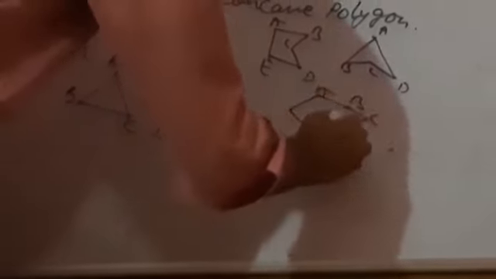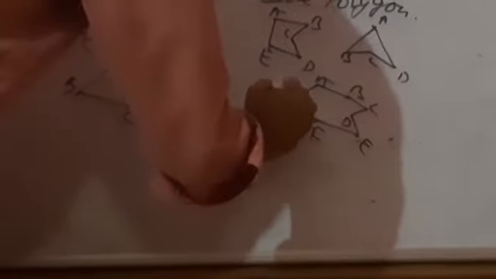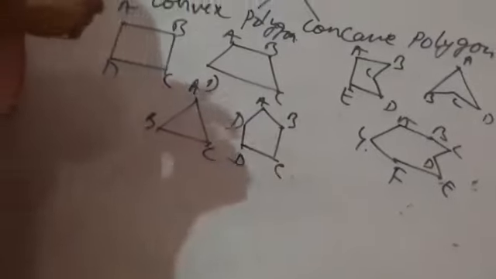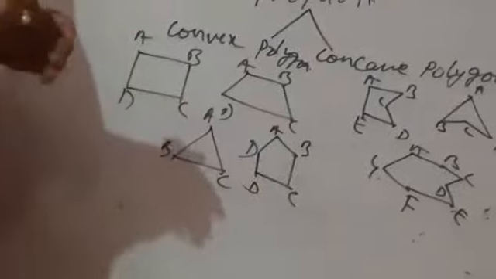A, B, C, D, E, F. So here you have these two types of figures. These are the concave polygons and these are the convex polygons.